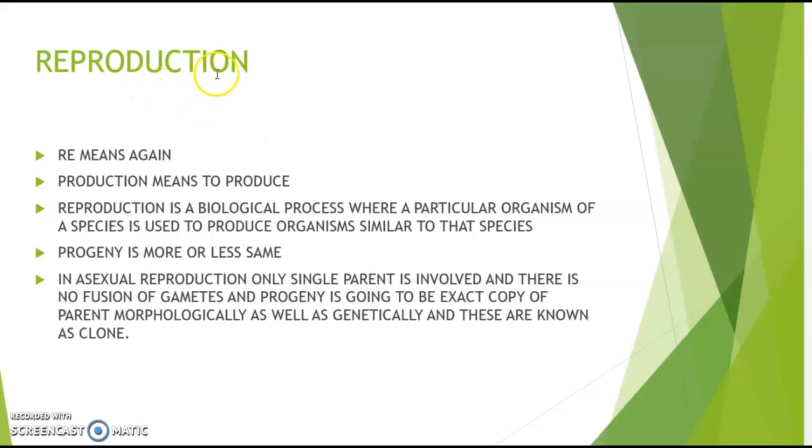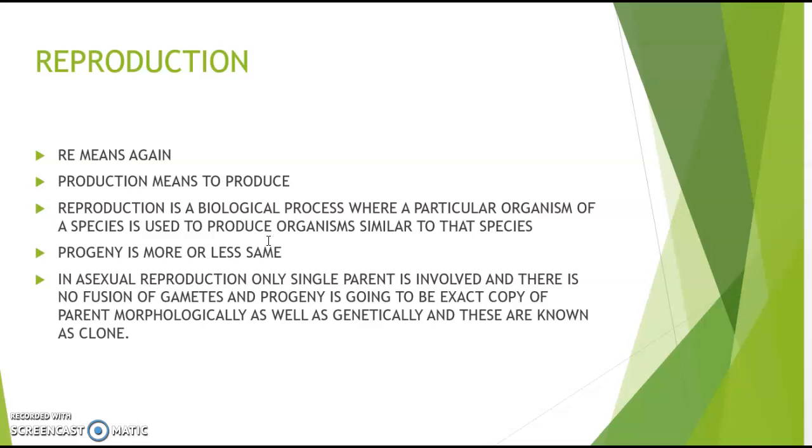Next is reproduction. Here re means again, production means to produce. Reproduction is a biological process where a particular organism of a species is used to produce organisms similar to that species. Now if we check the progeny after reproduction, it is more or less the same. Why am I using the term more or less?